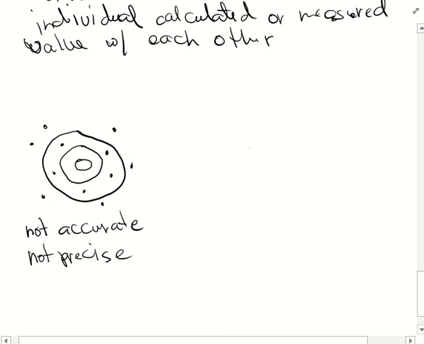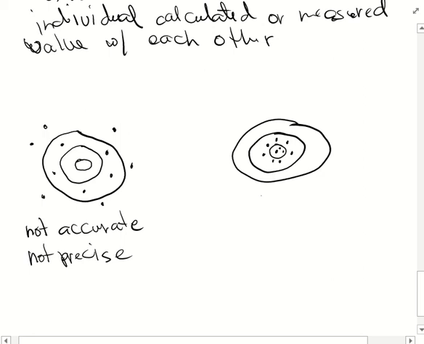How about if this is the result? If you observe, the marks are within or close to our bull's eye circle.